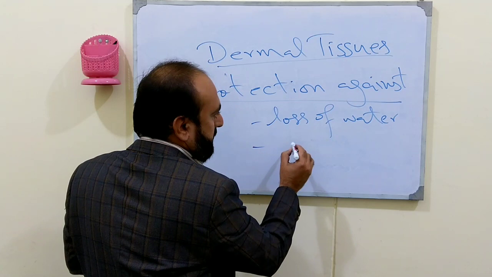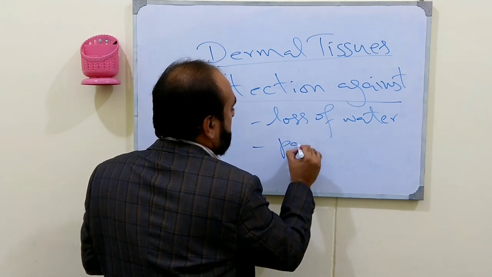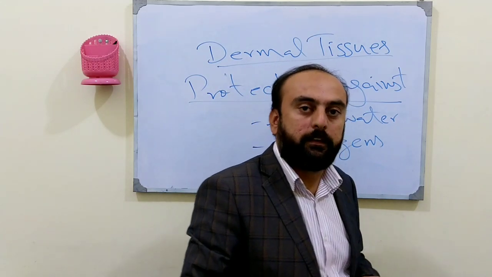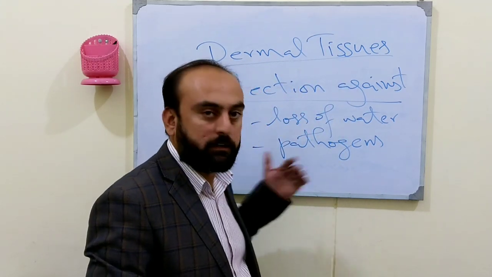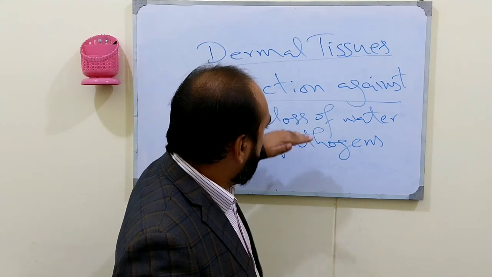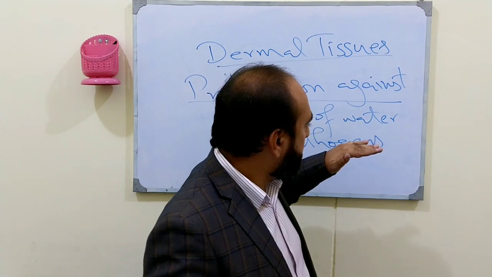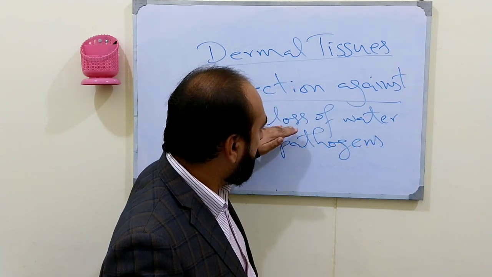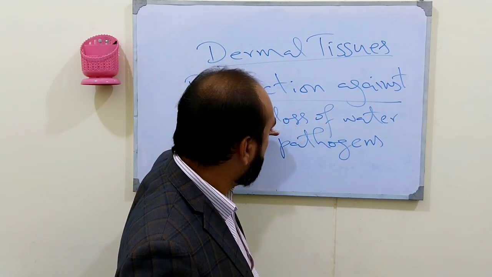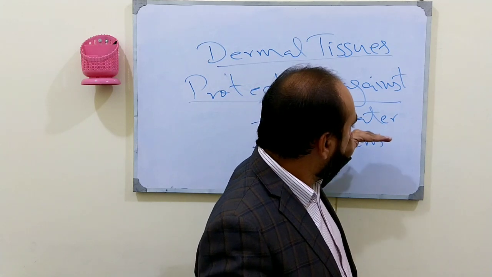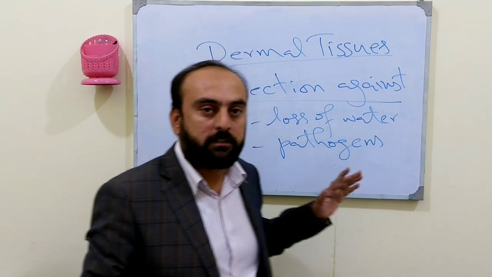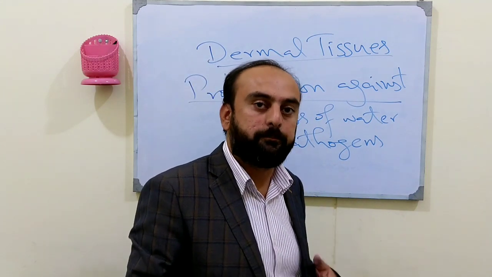They also protect plants against pathogens or disease causing organisms like bacteria, fungi, nematodes, etc. And in terms of loss of water, they are also responsible for the protection against loss of water by, for example, a horticultural commodity like fruits after the harvest.